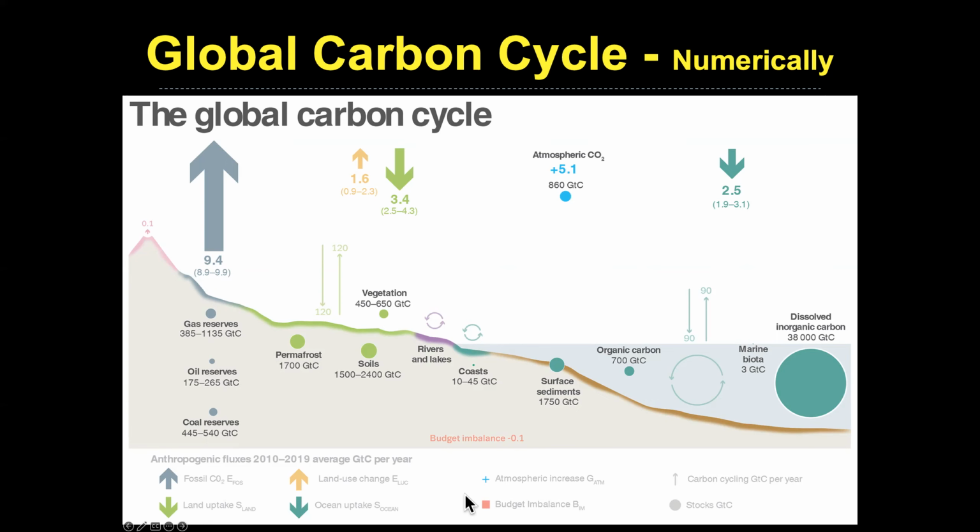And again, there's an overall imbalance taking place. There's more carbon going into the atmosphere than is being taken out of it. As a result, there's more carbon that can store or absorb more infrared radiation.